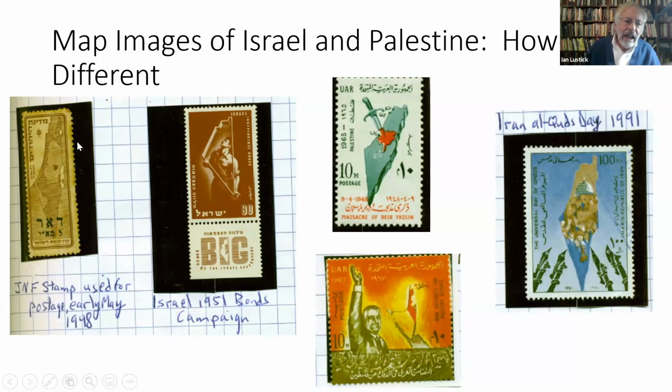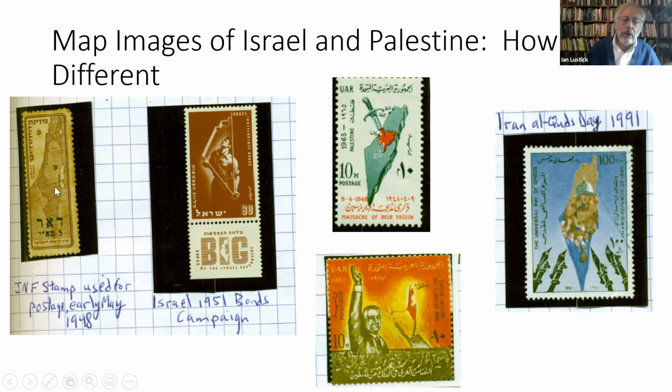Here is a stamp that was not issued by the state of Israel because it was issued before Israel was created officially on May 15th. That's when the last British soldier left Palestine on May 15th. But this is dated May 5th.